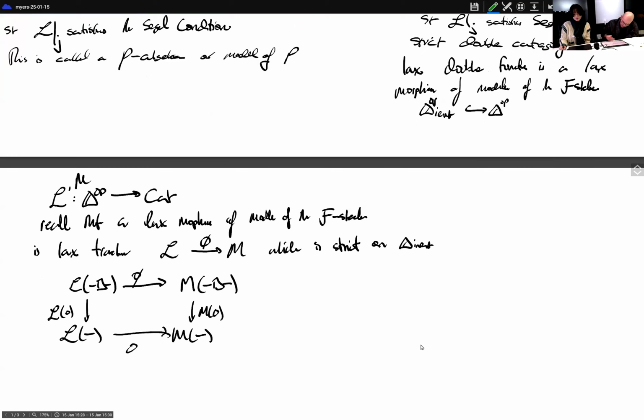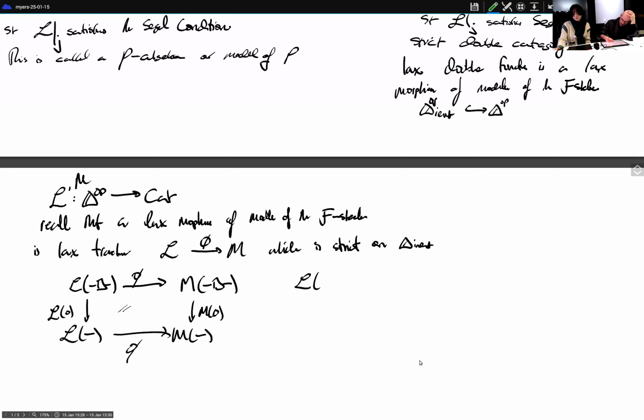On the left-hand side, I have the category of morphisms of L, the category of objects of L, the category of morphisms of M, the category of objects of M, and this is the source projection. To say that this commutes is to say that phi, which acts on both objects and morphisms, strictly preserves source and target, and all of the other bookkeeping laws.